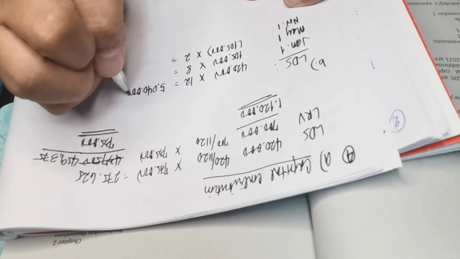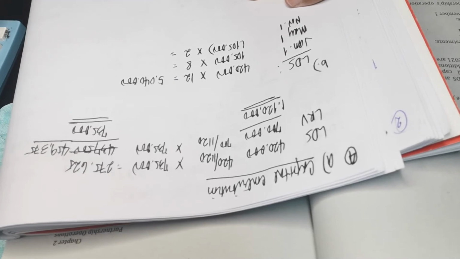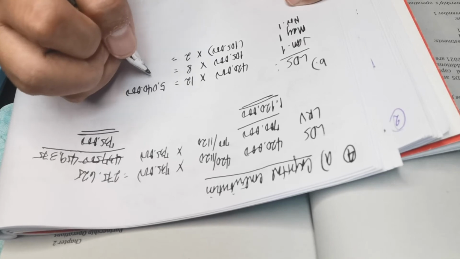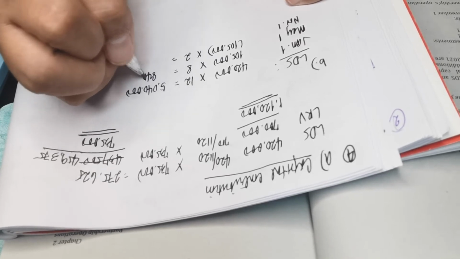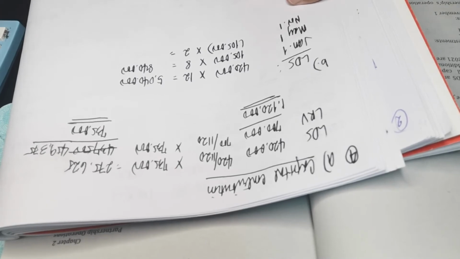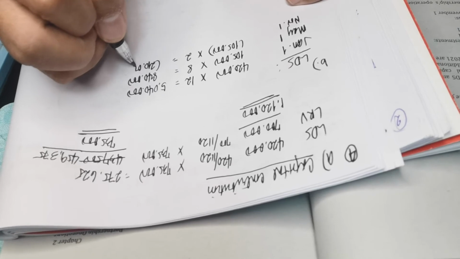5,040,000. Guys, kung nakakalimutan itong average capital na to, you will use this procedure in financial accounting, pagdating natin sa intermediate accounting, under the topic of property, plant, and equipment. Times 2, 210.